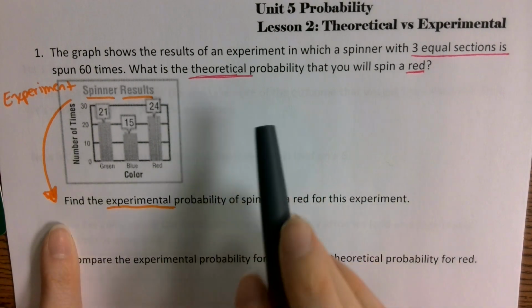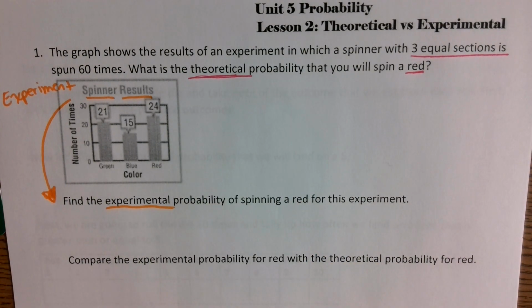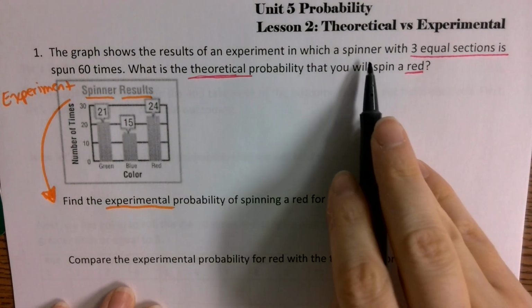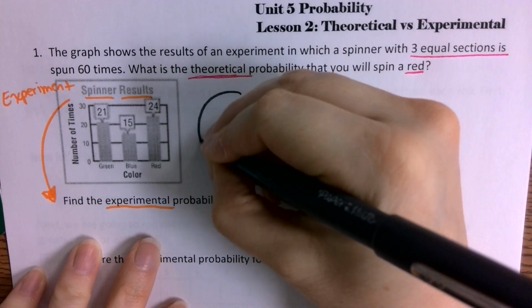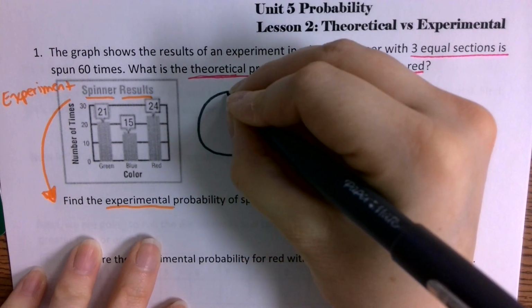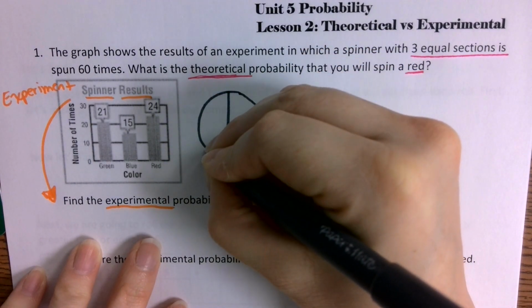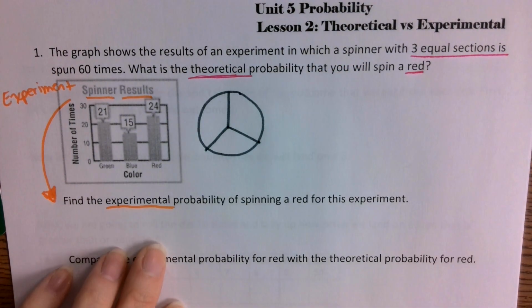So now I have to ask myself, what am I utilizing for the theoretical probability? Well, they told me I have a spinner that is 3 equal sections. So I'm going to draw a spinner, and I'm going to split it into 3 equal sections. How do I know what the sections are labeled?